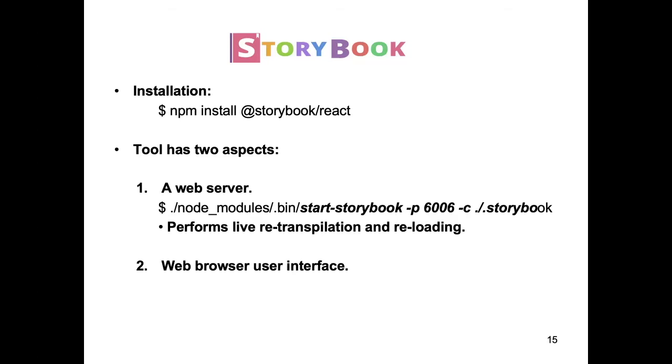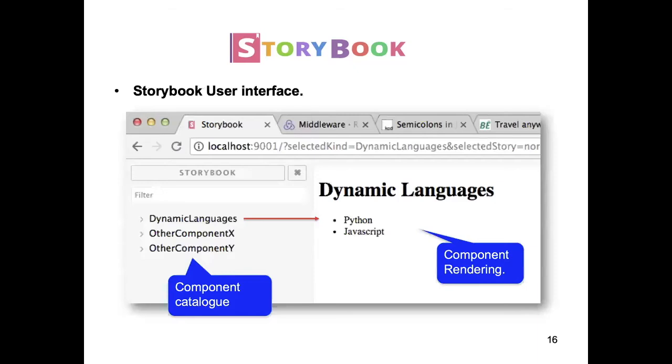Secondly, Storybook has its own browser-based user interface. And that user interface looks like this. So when you start up the Storybook server, essentially what it does is it looks through your code for all of the components that you have developed, and it opens up a browser tab. And on the left, as we see there, it will list all of the individual components that you currently have in the project that you're working on.